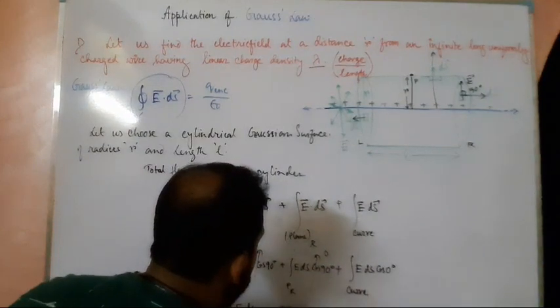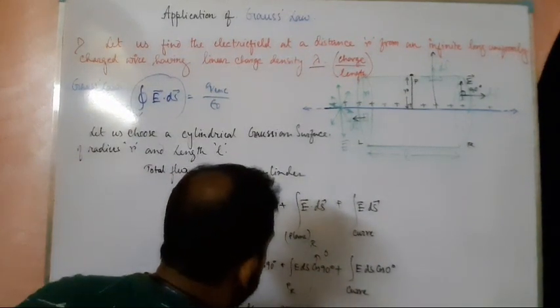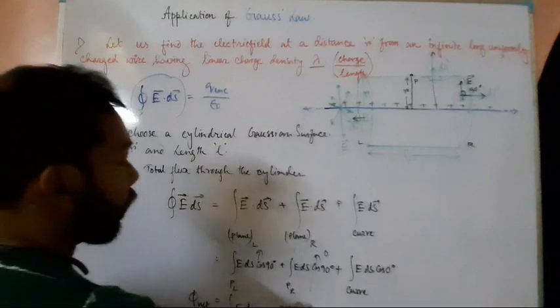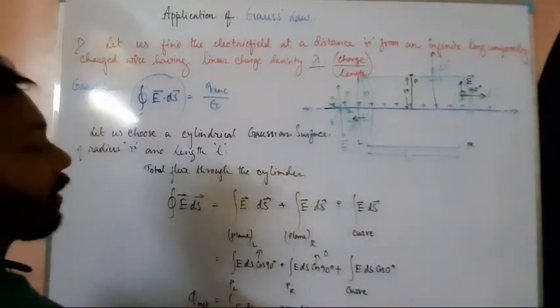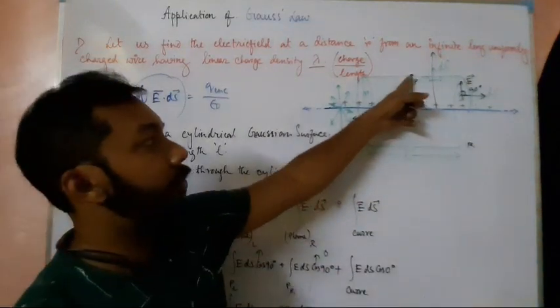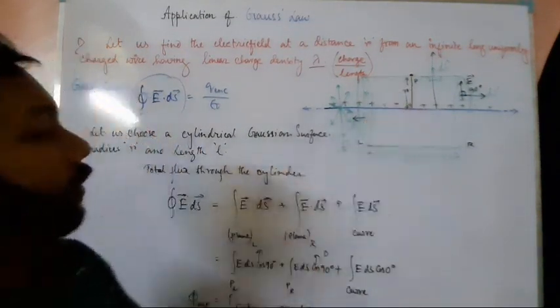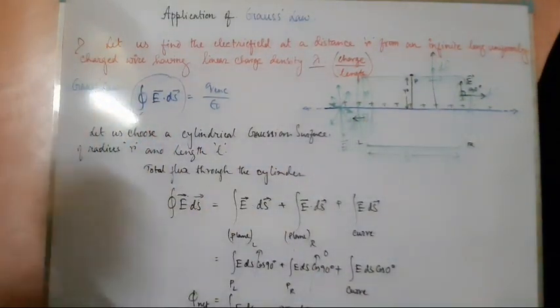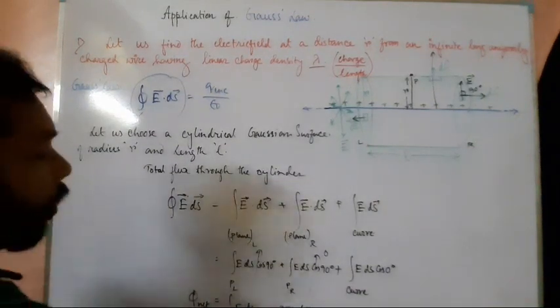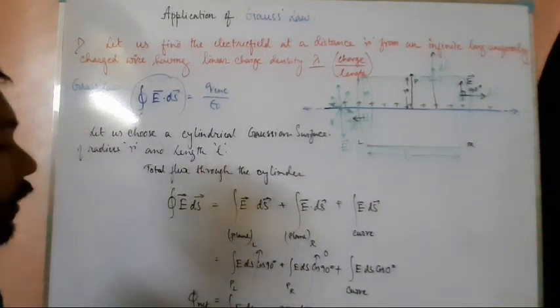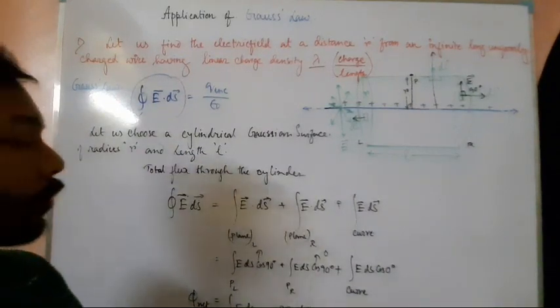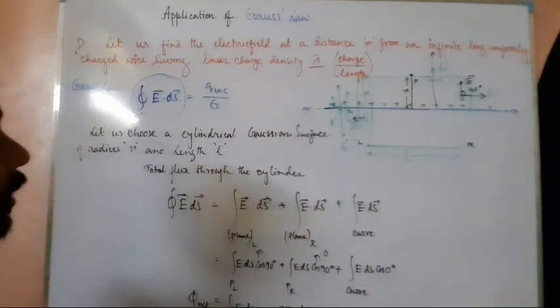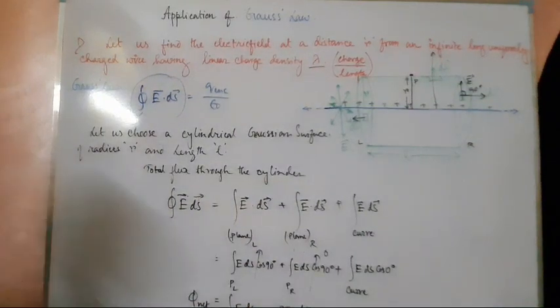So 2 pi RL into E. Here E is constant, because we have fixed R, so the electric field will not change. E comes out of the integration, and the integration is done only on ds, and we get 2 pi RL for the total curved surface area of a cylinder.